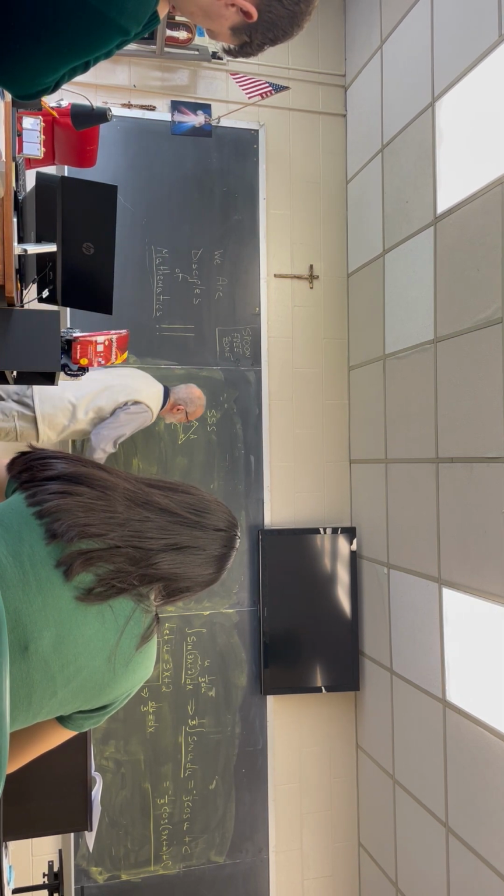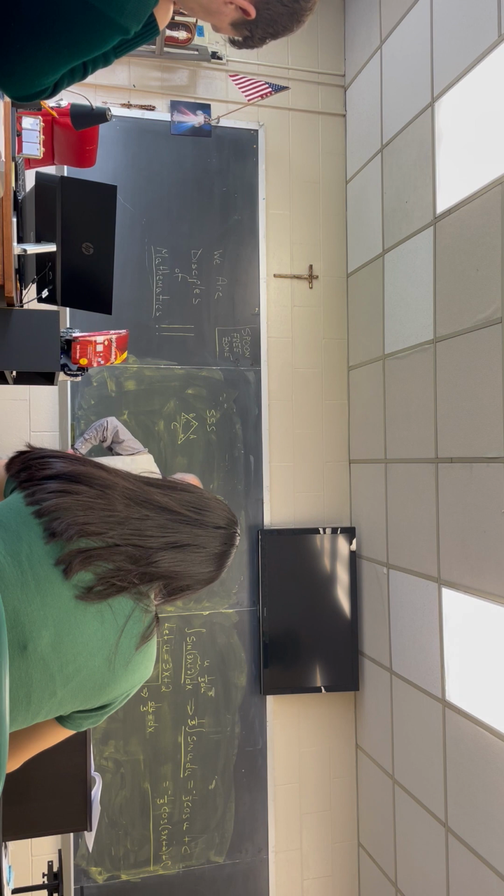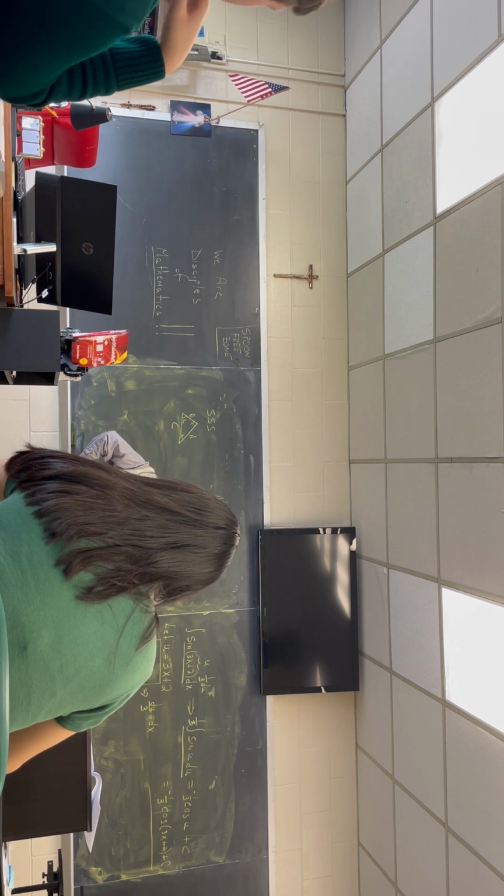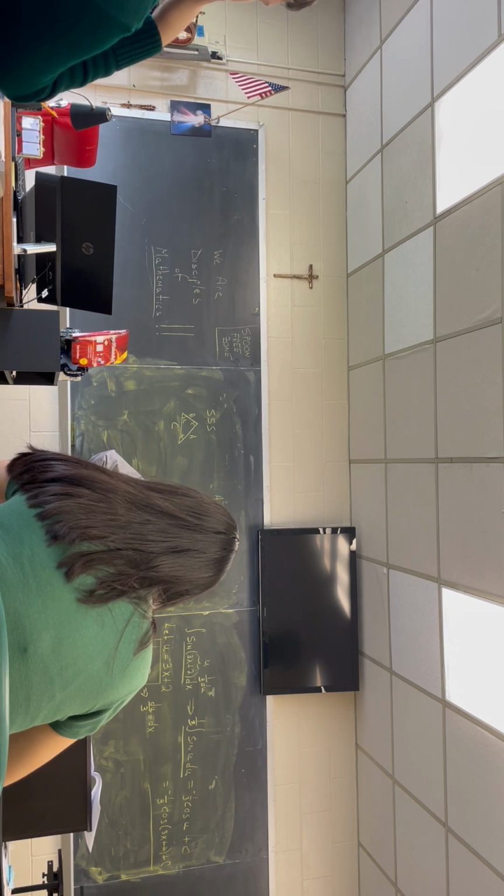So remember, the law of cosines was a squared is equal to b squared plus c squared minus 2bc cosine of little a. You could use one of the other two, that's fine. The other two would be b squared is equal to a squared plus c squared minus 2ac cosine of b.